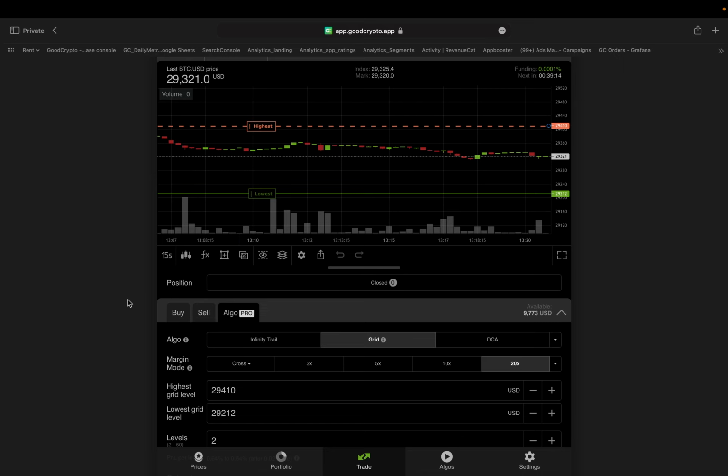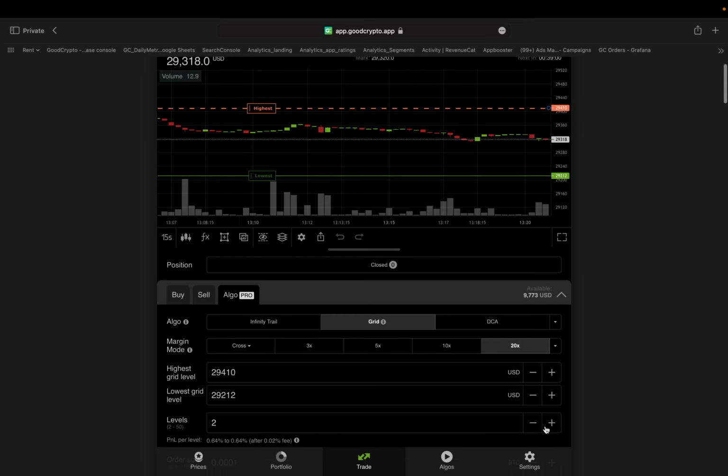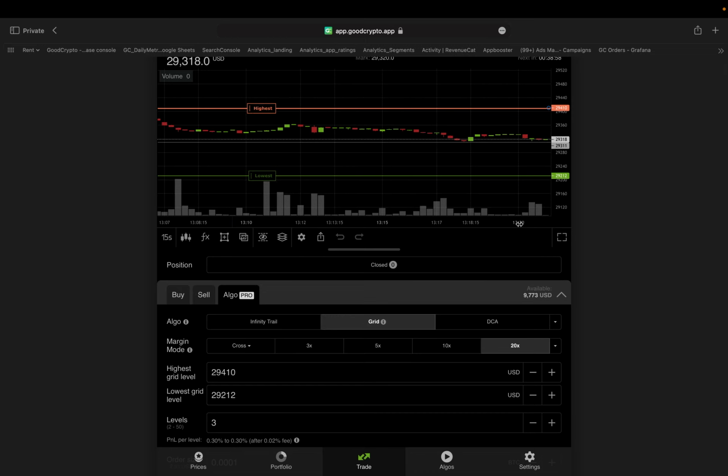So let's see what happens if we increase the number of grids. So now we have two levels, right? What the grid will do again, it will place this order and will keep this price level idle, unless this executes. If we go for 3 grids, see what happens. A third grid was added here.